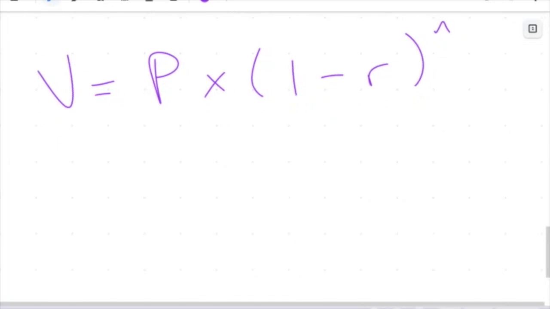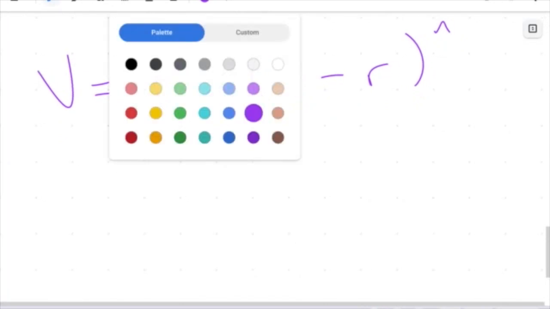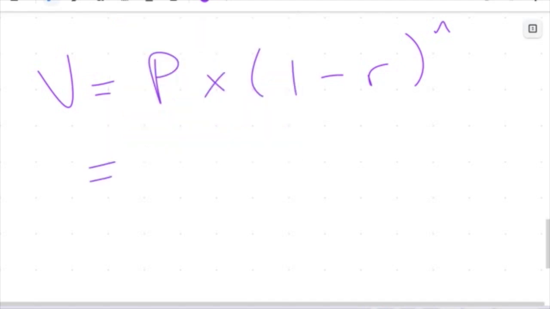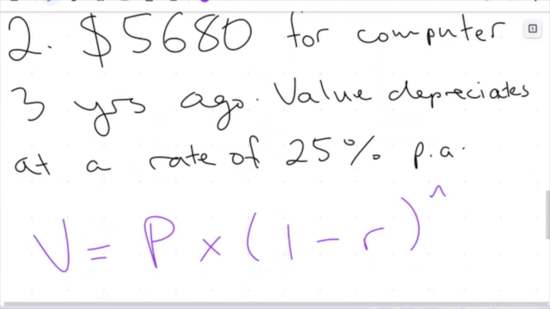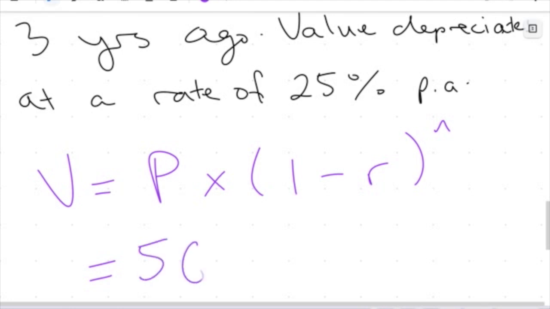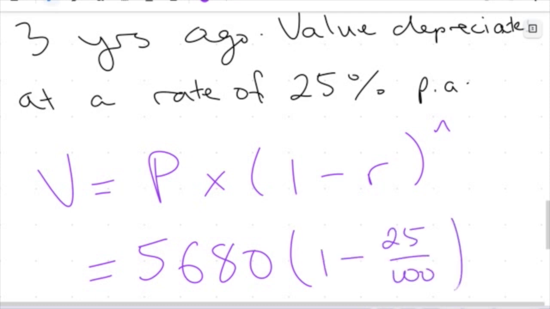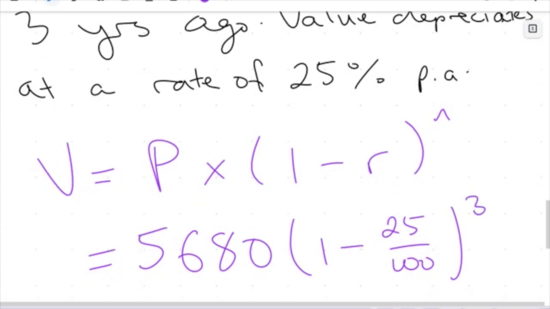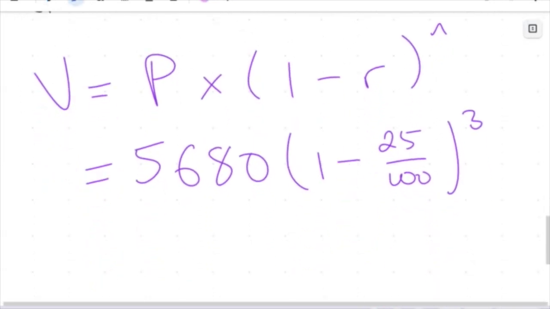So once again, all we're going to do is plug in the values here. So I have my principal, that's 5,680, multiplied by 1 minus my rate, so 1 minus 25 over 100 to the power of 3. And let's just write this as a decimal so it becomes neater when we put it in our calculators. So 0.25.